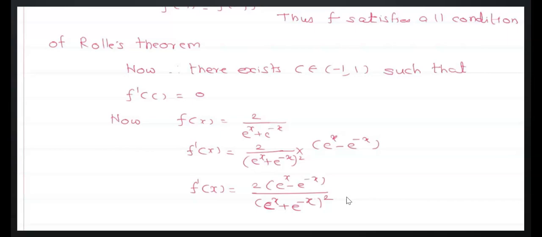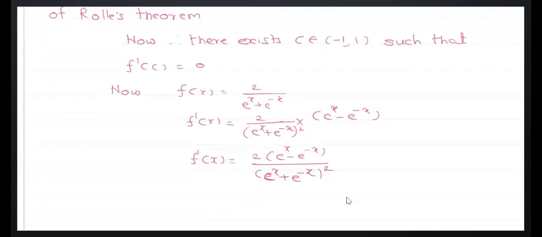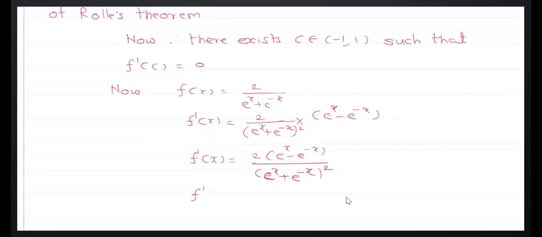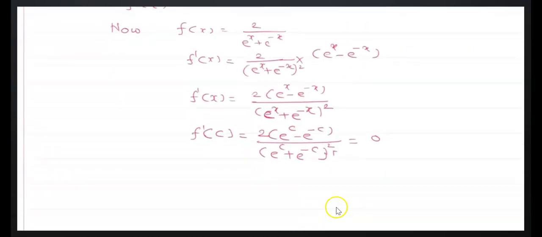It's a bracket square. Therefore, f dash of c is 2 into the bracket e raised to c minus e raised to minus c upon the bracket e raised to c plus e raised to minus c squared, and that is equal to 0.